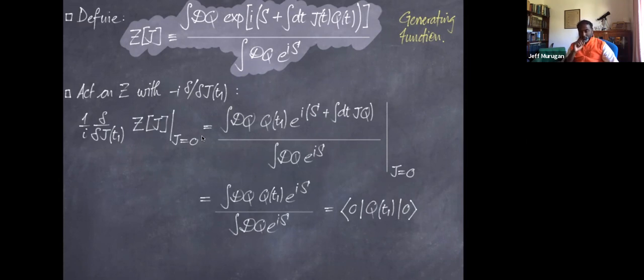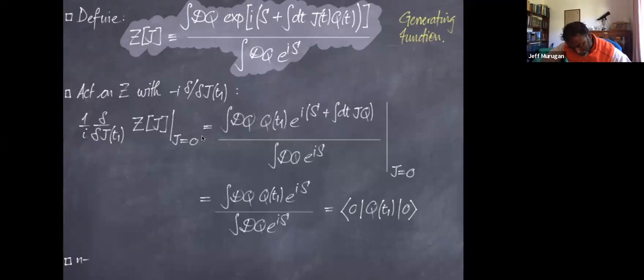So if we turn this around and ask, if we want to compute this one-point function, what do we need to do? The answer is we need to compute the generating function Z of J for some source J, differentiate it with respect to J, divide by a factor of i, and then set J equal to 0, and that will give us the one-point function. In fact, every time we differentiate with respect to J, we end up inserting some factor of Q in the correlator. So this gives us a way to compute n-point correlation functions by extension as follows.